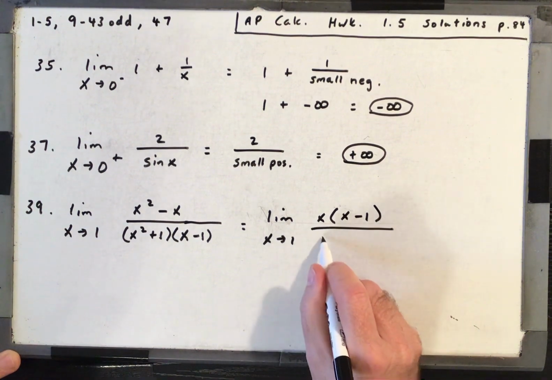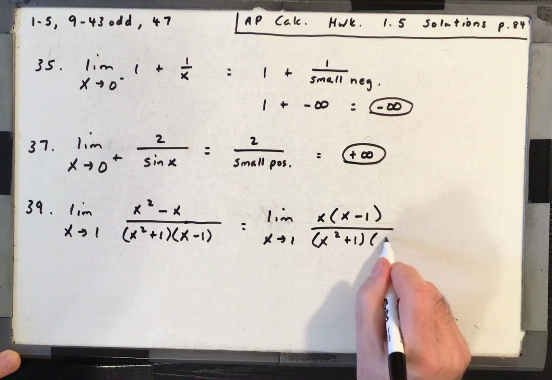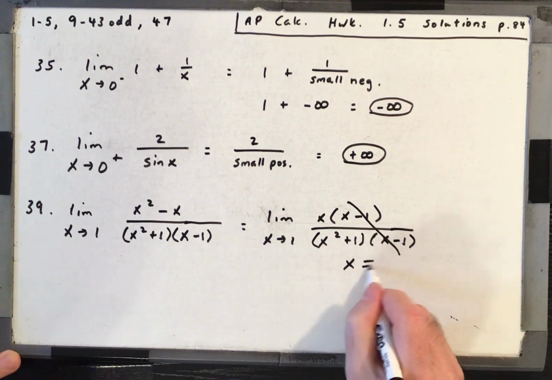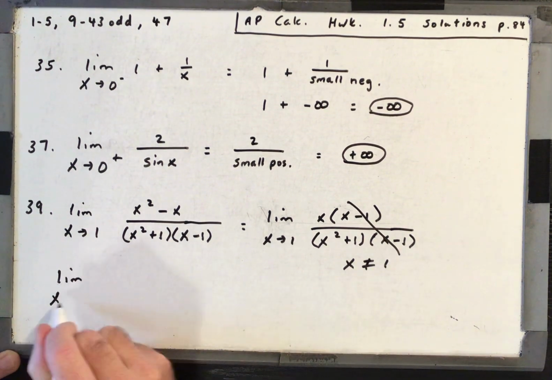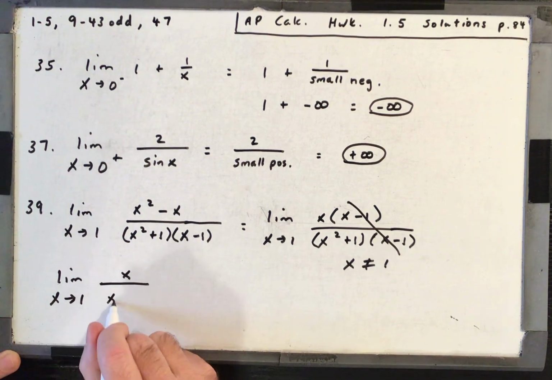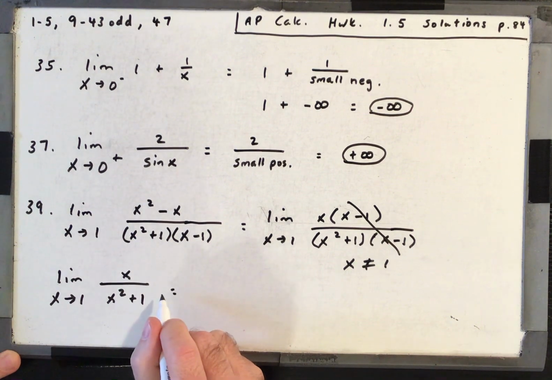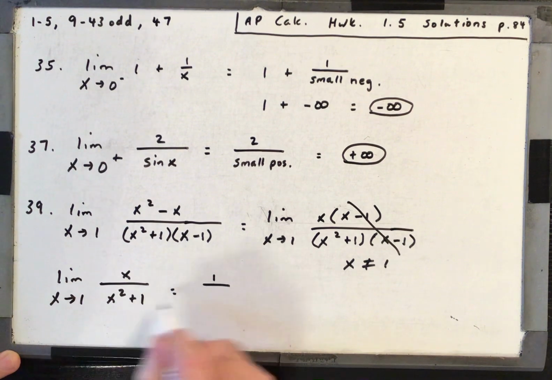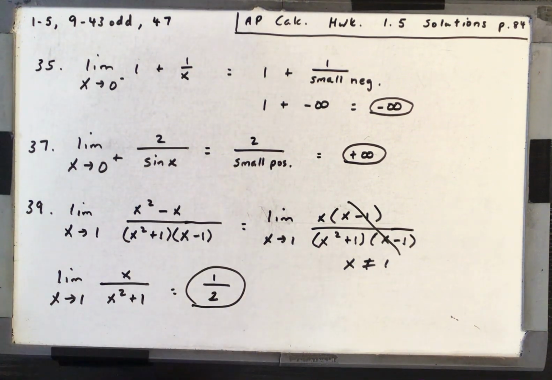And that allows us to cancel out this right here as long as x does not equal 1, right? So I have the limit as x approaches 1 of x over x squared plus 1. Okay, so we're going to plug in now. That's going to be 1 over 1 plus 1, 1 half. All right, love it.